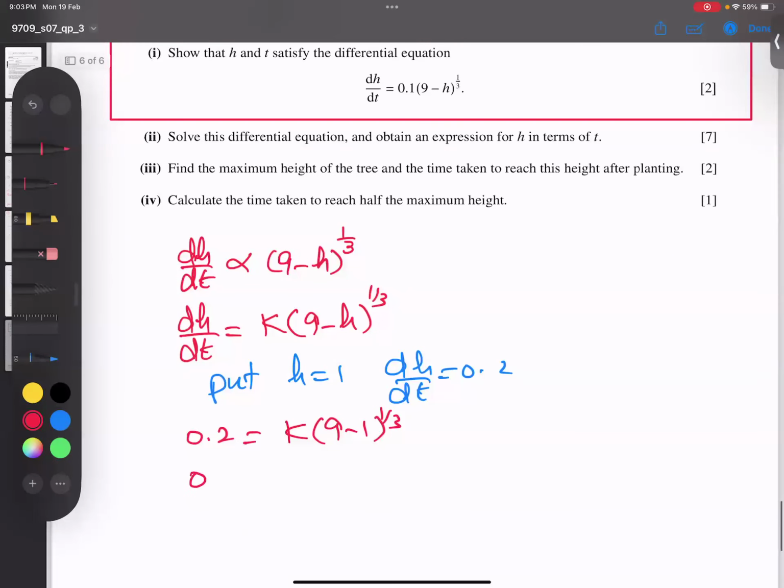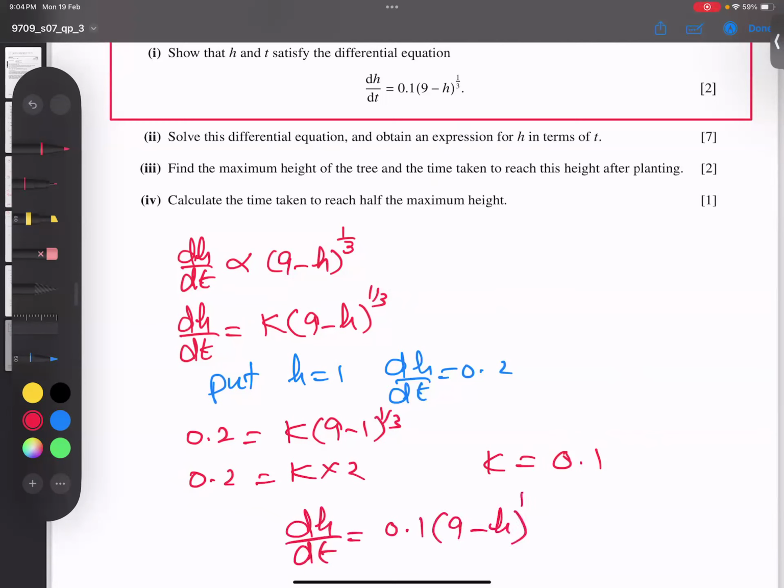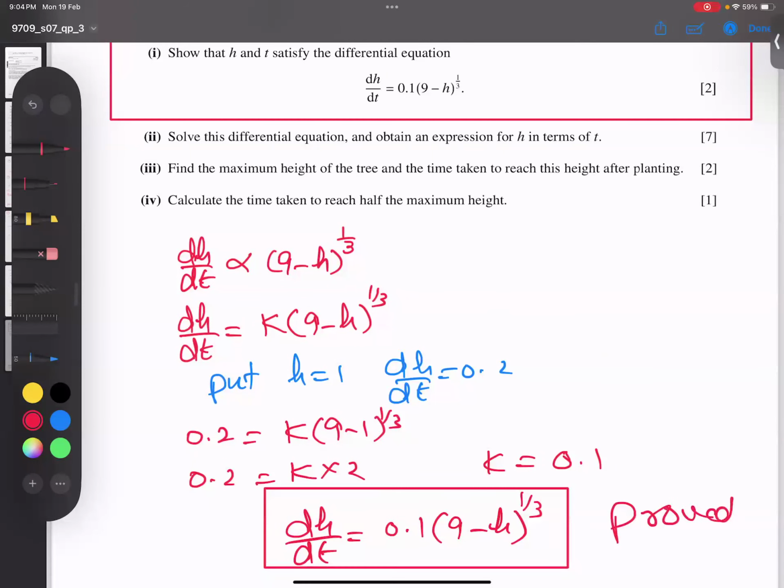And all of you know 8 to the power 1 by 3 is 2. And this goes down and k value is divided, so it means 0.1. 0.1, when you plug back in the equation here, we get our connection. So Alhamdulillahi Rabbil Alameen. I believe the point is very, very clear. And this is my answer. So proved.